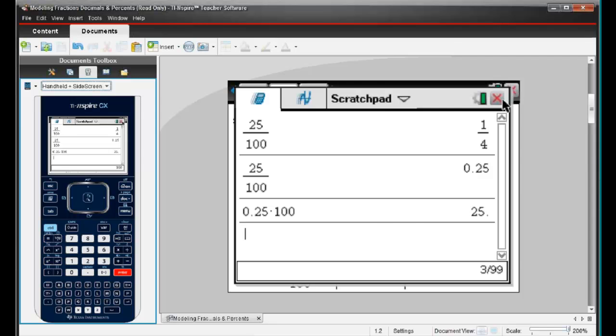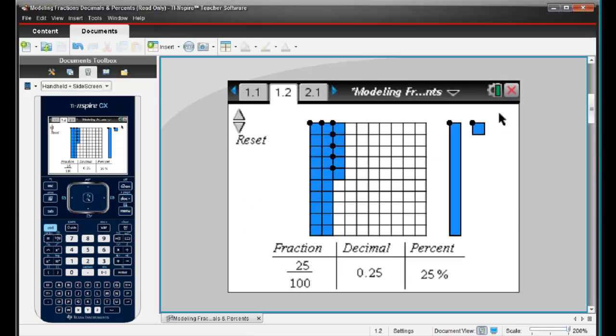And we've been brought full circle because that gives us 25%, and we can look back up at this area model and actually count and see that we do in fact have 25 boxes filled in. And if we want to reset this model, we can reset it by clicking on either the up or down arrow. Both will reset it.